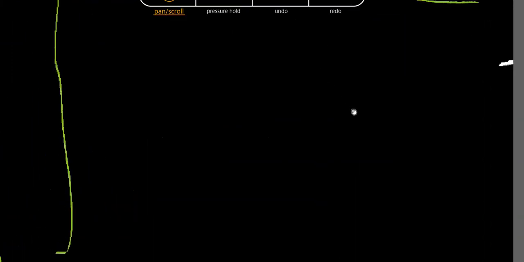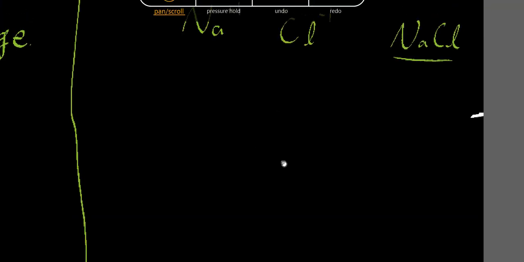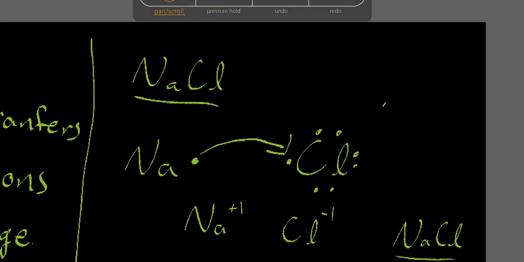Let's do another one. I don't like how the writing is showing up today. Oh well. Let's do magnesium bromide. Oh, actually, let me back up. NaCl, whenever we name these, the first element is always the cation.